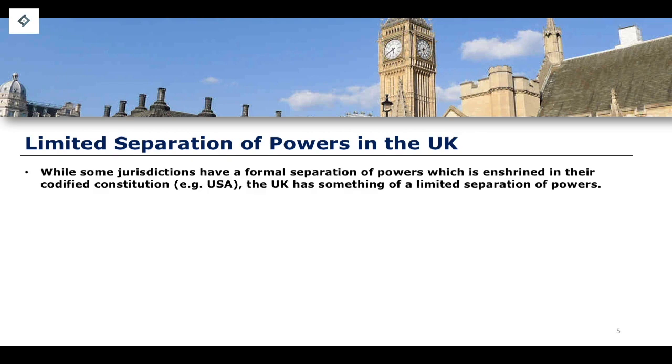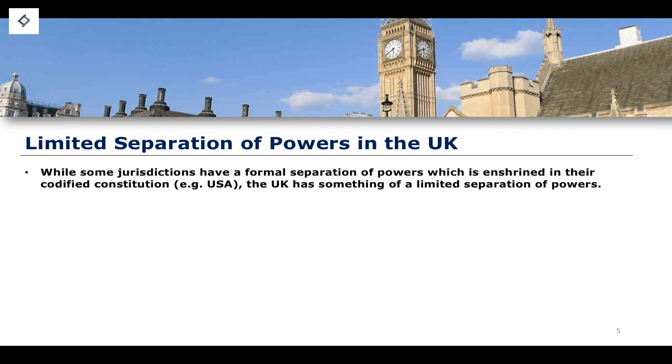So this contrasts with the formal separation of powers which can be enshrined in various different codified constitutions. One notable example of this is, of course, the United States. The United States has a codified constitution which clearly sets out the powers of each of the branches of government, as well as the authority and power that one branch of government has over the other branches of government.